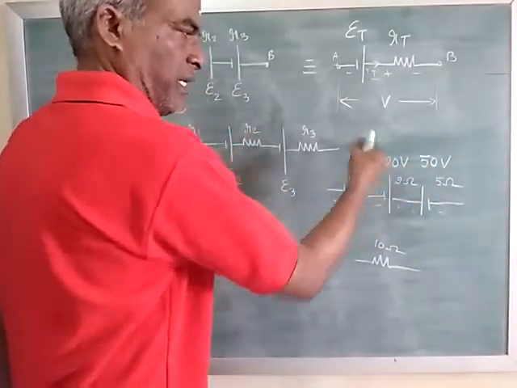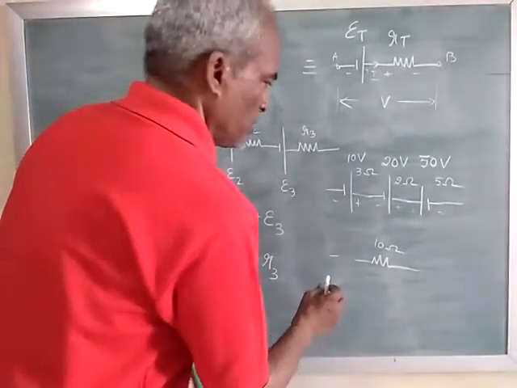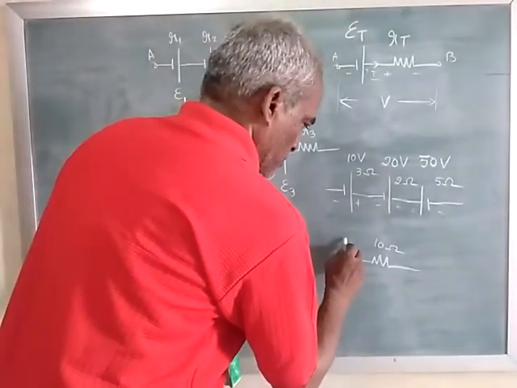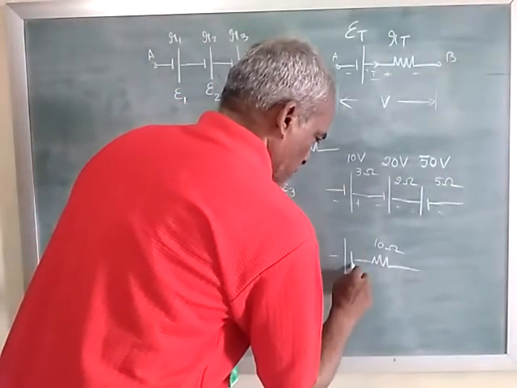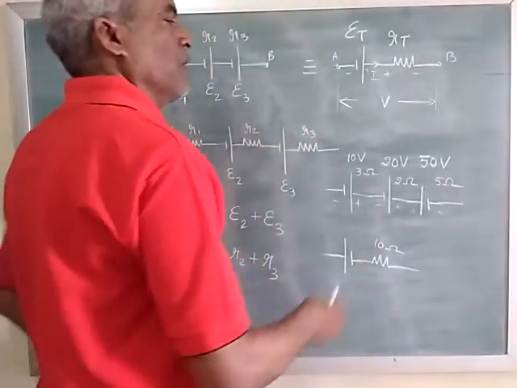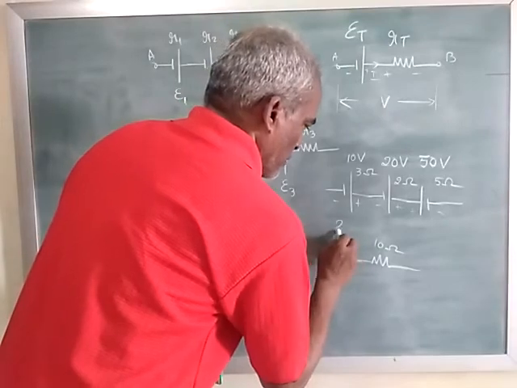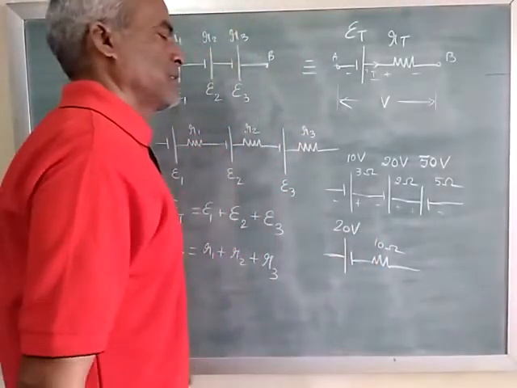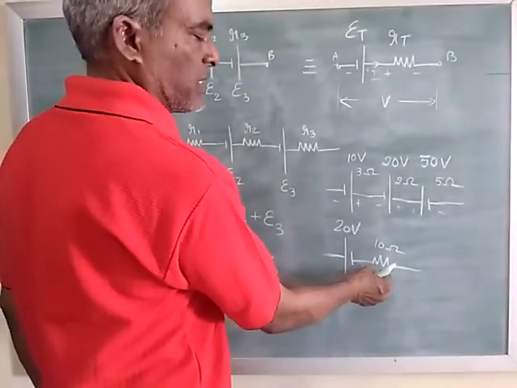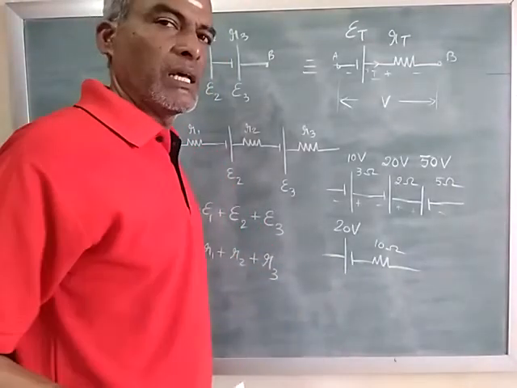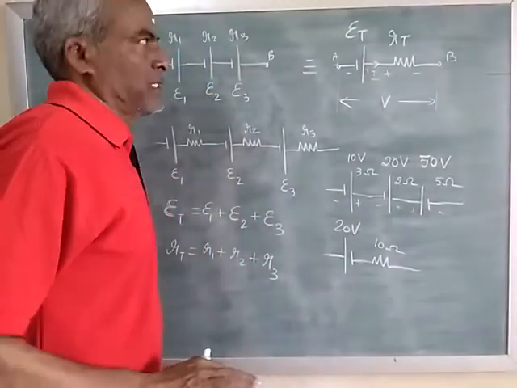So 50 minus 30 is 20. So this will be positive and this will be negative. So you will be having 20 volts in series with 10 ohms. You can put this resistance this side or this side, nothing will happen because it is in series connection.